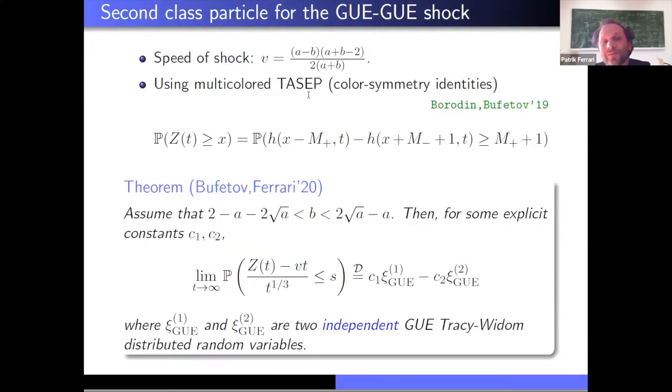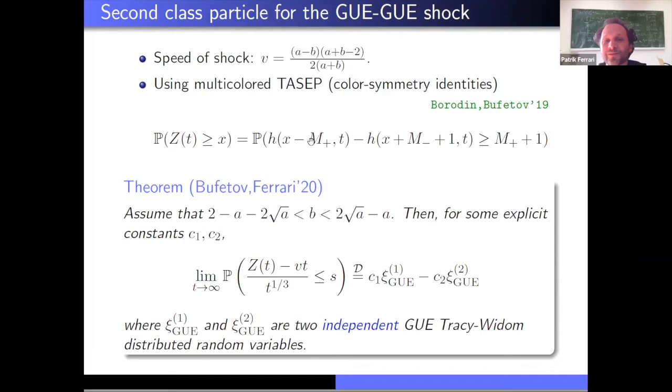And then using the multicolor TASEP developed by Borodin and Bufetov, one can, for this initial condition, write an explicit formula for the distribution of the second class particle in terms of the probability of the difference of two height functions.